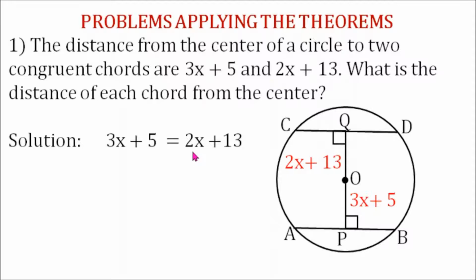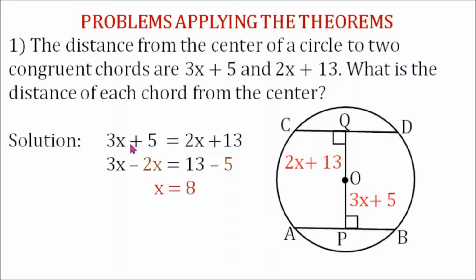And in order for this 2x to join the 3x on the other side, we are going to subtract 2x from both sides. So we have 3x minus 2x equals 13 minus 5. So 3x minus 2x is x, and 13 minus 5 equals 8. So we have x equals 8.